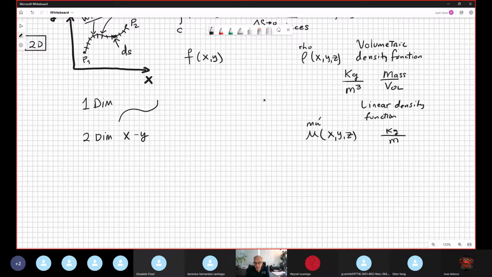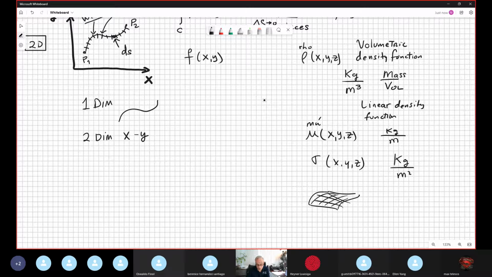The other is a surface density function, and the letter we use is sigma of x, y, z, and this is also kilogram, but per square meter. This is applied to a surface, for example. Suppose the surface is a material, and this material of course has a mass.